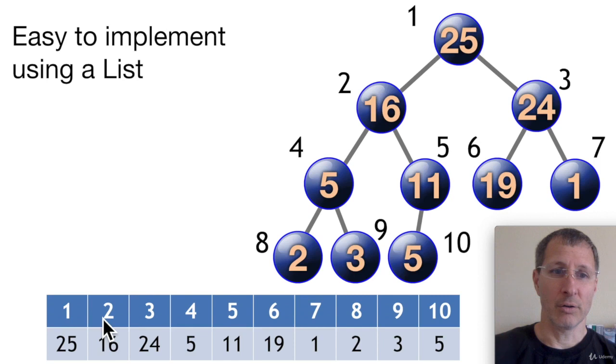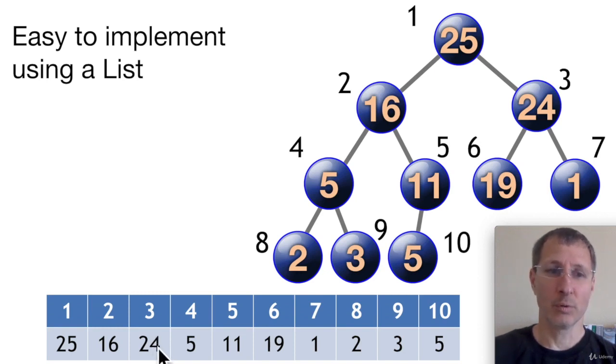And then when you look at our list, how we put the items into the list, well look, 25 is at index 1, and then 16, and then 24. So look, we know that 16 is not greater than 24, but it looks like, wow, it's lower than node 3 here, or index 3. Why is that?